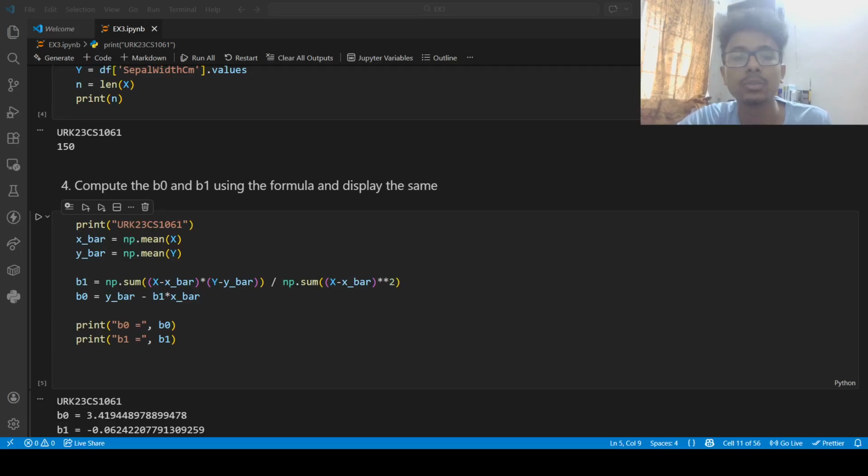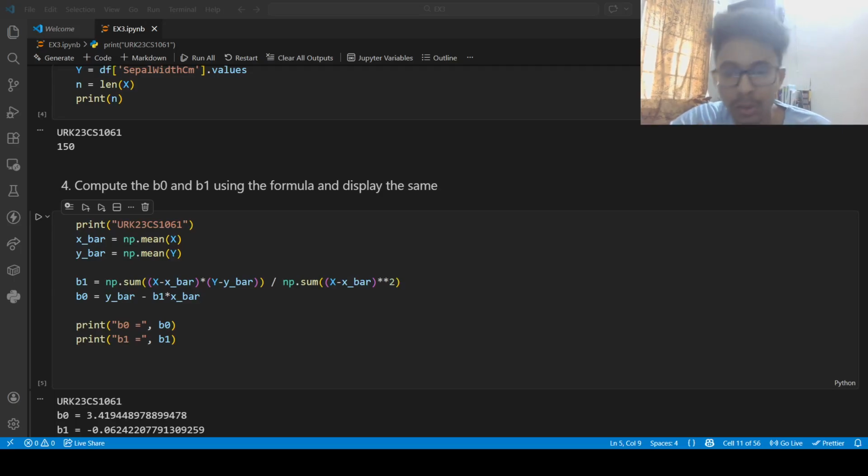These two values are the mean values. Then, by substituting the value of b0, we find b1: when y is b0 plus b1x, b1 becomes y minus b0 divided by x.